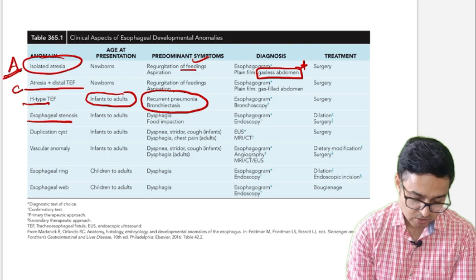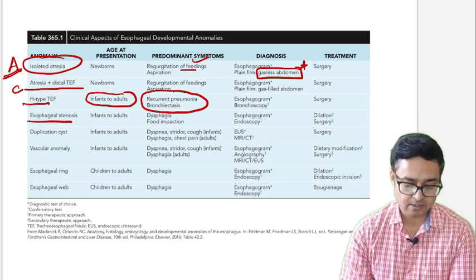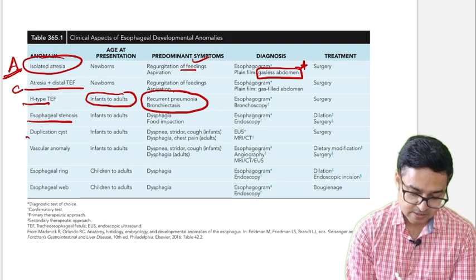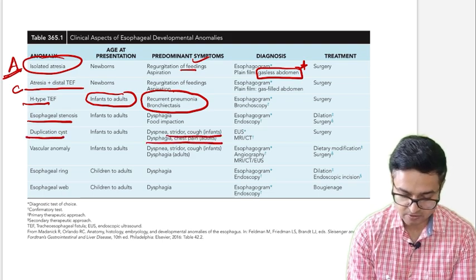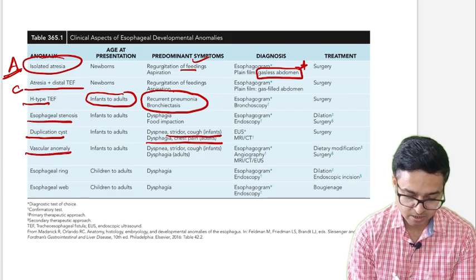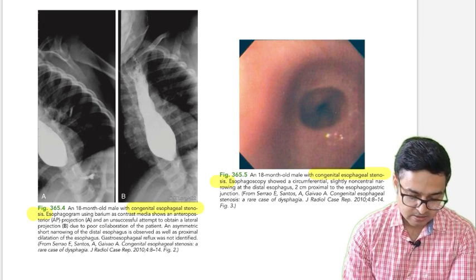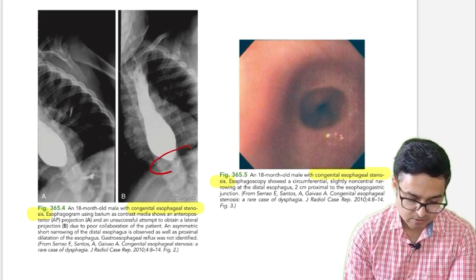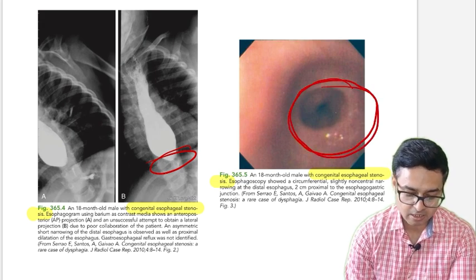Esophageal stenosis is also an entity. Duplication cyst can cause dyspnea, stridor, cough and dysphagia. Others include vascular anomaly, esophageal ring and esophageal valve. You can see this is congenital esophageal stenosis on esophagoscopy, a ring or narrowing.